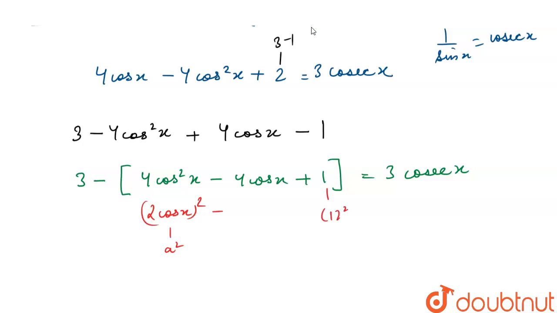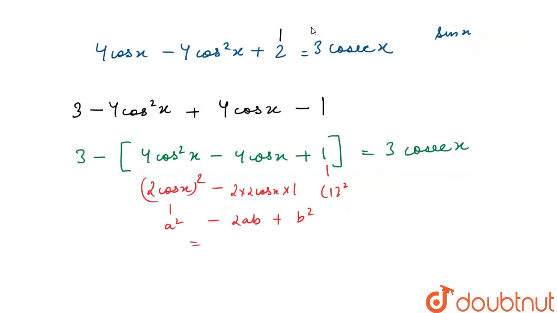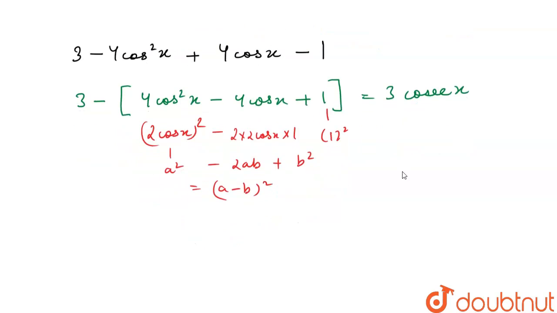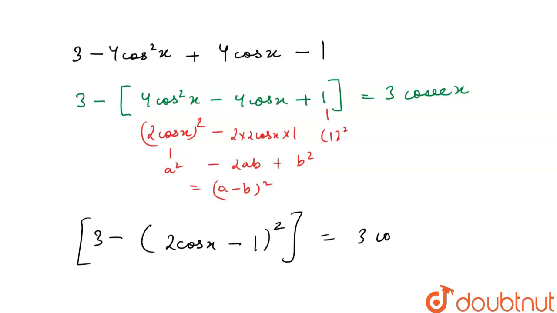So if we write it as 2 into 2 cos x into b, so this will be equals to 2ab plus b square, which is equals to a minus b whole square, correct? So here we can write it as 3 minus, and in brackets we have 2 cos x minus 1 whole square, right? And here we have this equals to 3 cosec x, right?